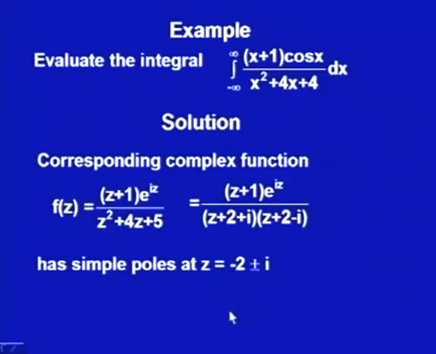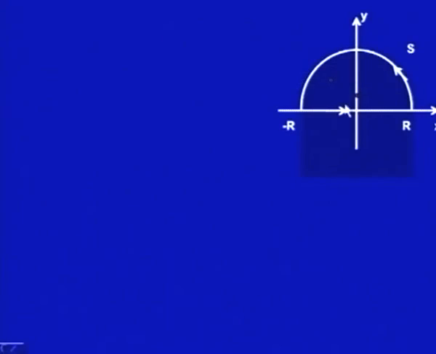So, we will choose the contour as usual, the semicircle, of radius 3, that would include our −2 + i. So, just one semicircle, and then from −r to +r, this real line, this closed contour we are taking.